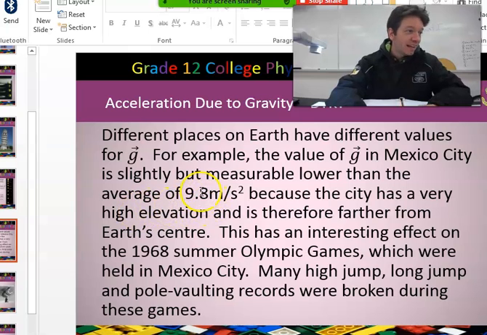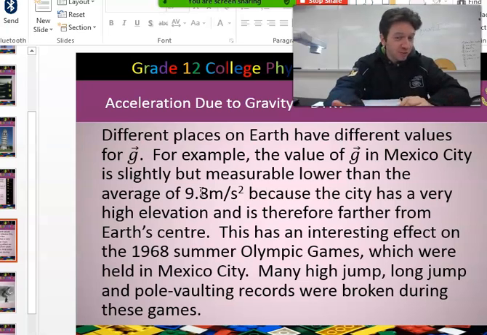Okay. Now it's also important to note that 9.8 meters per second squared is not a constant. Right? It changes. If you were to go up to the top of Mount Everest, it would be slightly smaller than that. Okay, the closer you get to the center of the Earth, the larger it is.